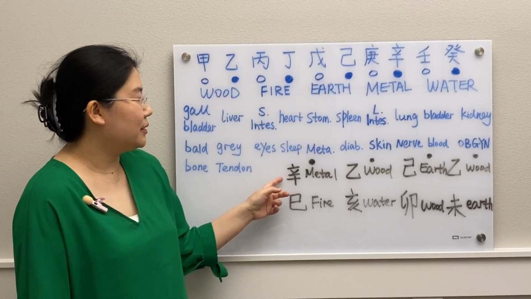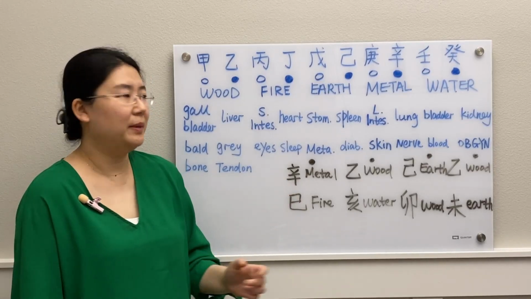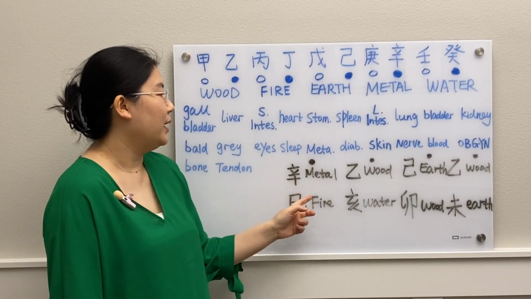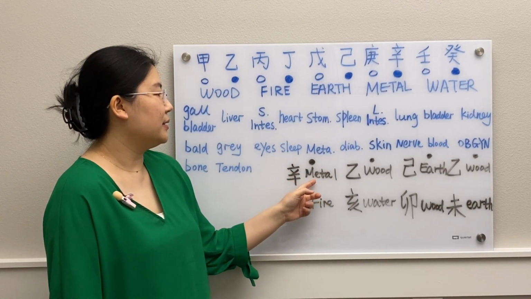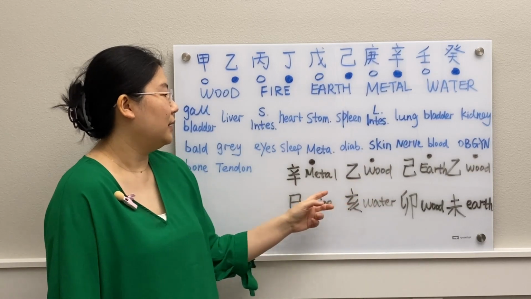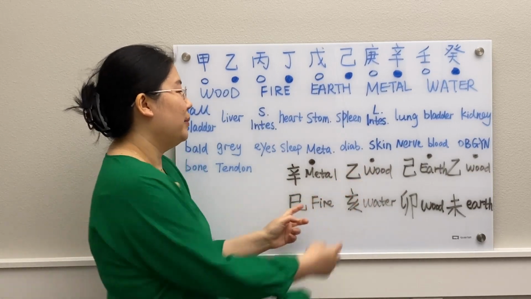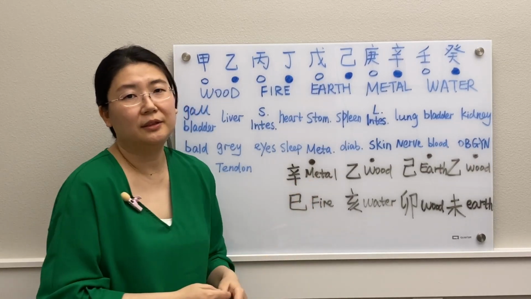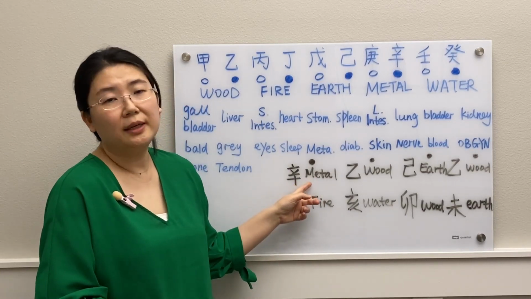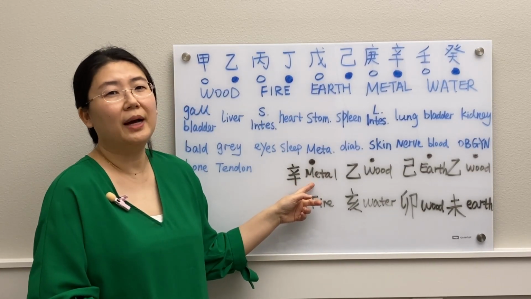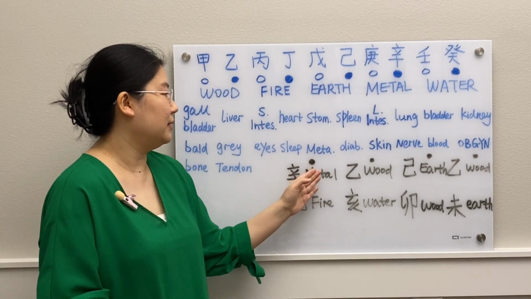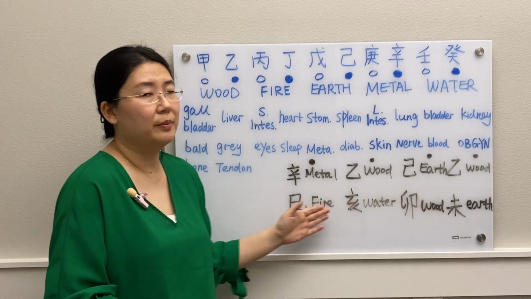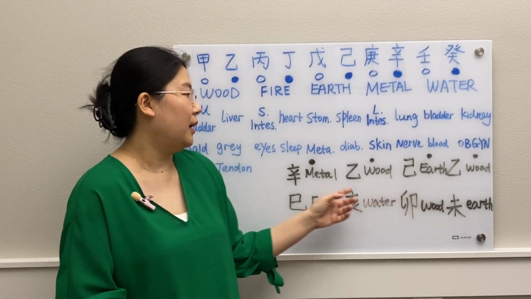Because metal is such a weak element in this whole chart, there's only one thing floating above, and fire suppresses metal, metal suppresses wood. Both of its neighbors are taking away metal's energy. It's quite a weak element, totally out of balance, and there's nothing the same as itself on the bottom row, so there's no supporting helping hand.